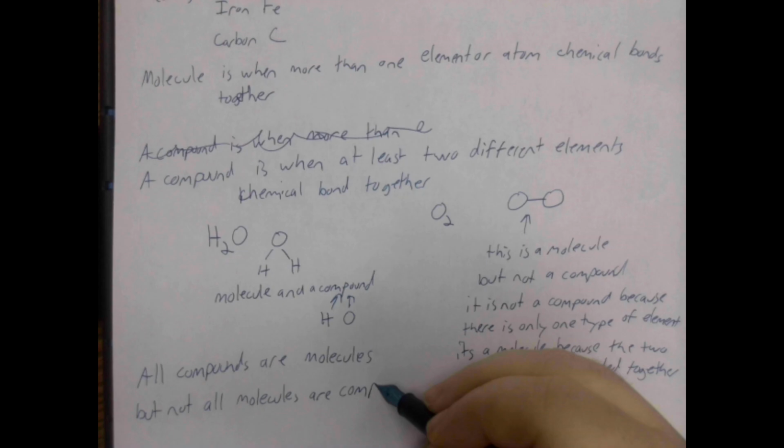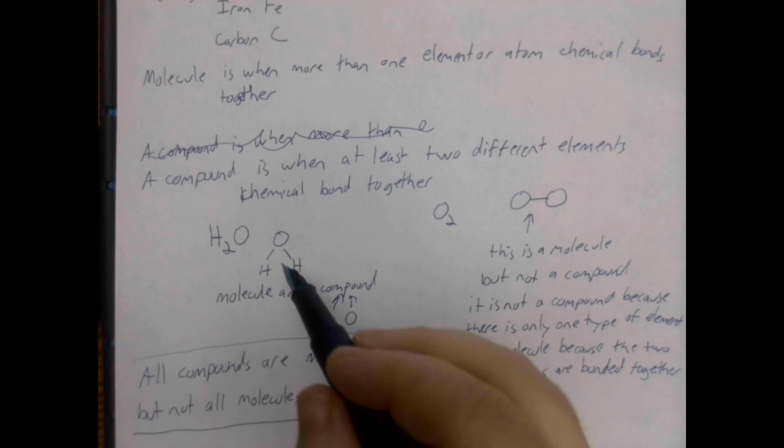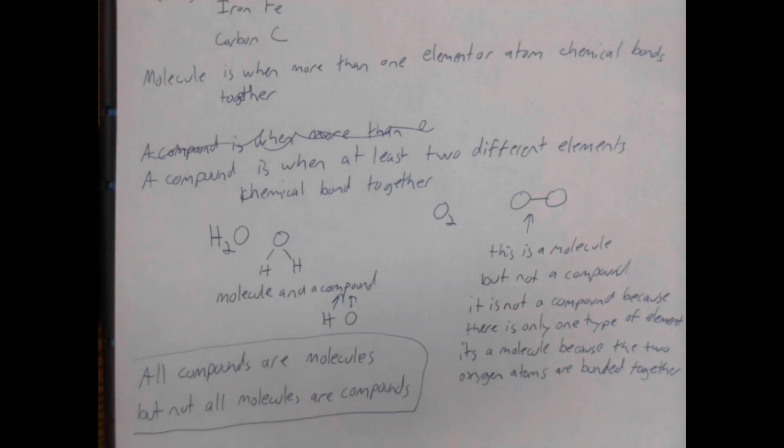Molecule just means you have more than one thing bonded together. Compound means you have at least two different things bonded together. Molecule is more generic than a compound. Compound means that you have different types of atoms.